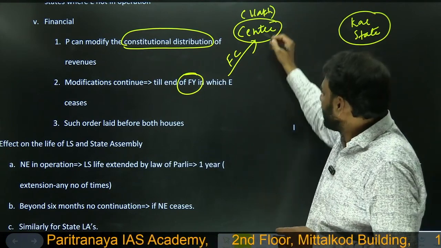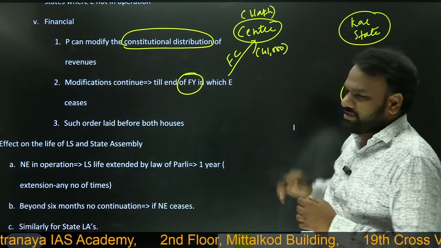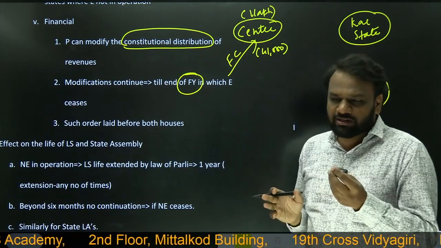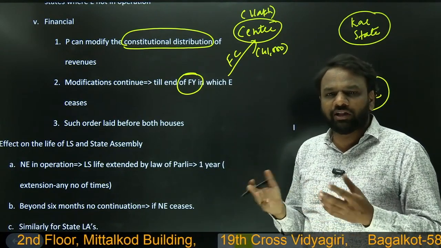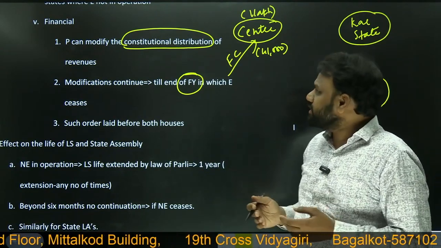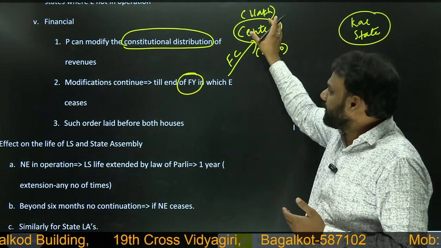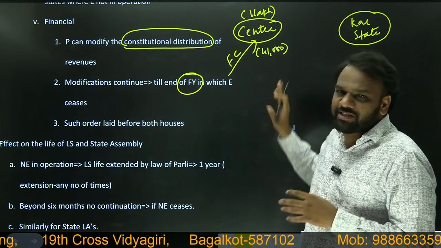It means in this 1 lakh, 41,000 rupees have to be shared with states, and within 41,000, some amount will go to Karnataka, some to Tamil Nadu, similarly to all the 28 states. Let us assume the center shares 41,000 rupees with the states every month.